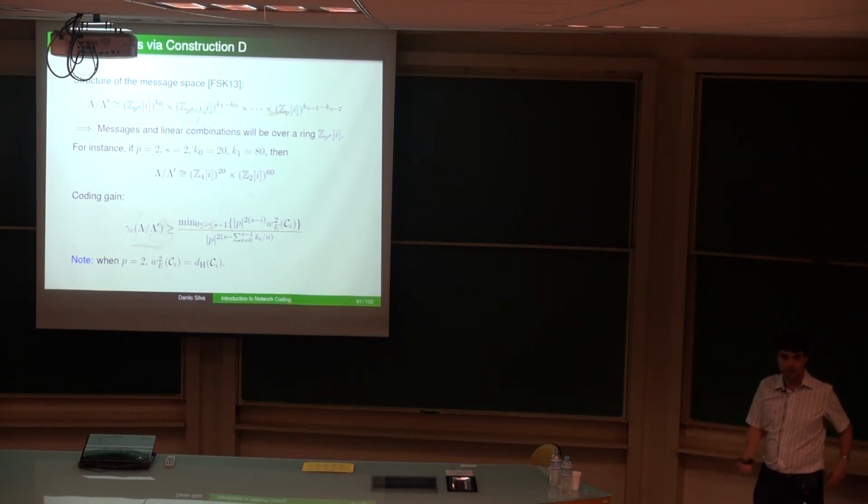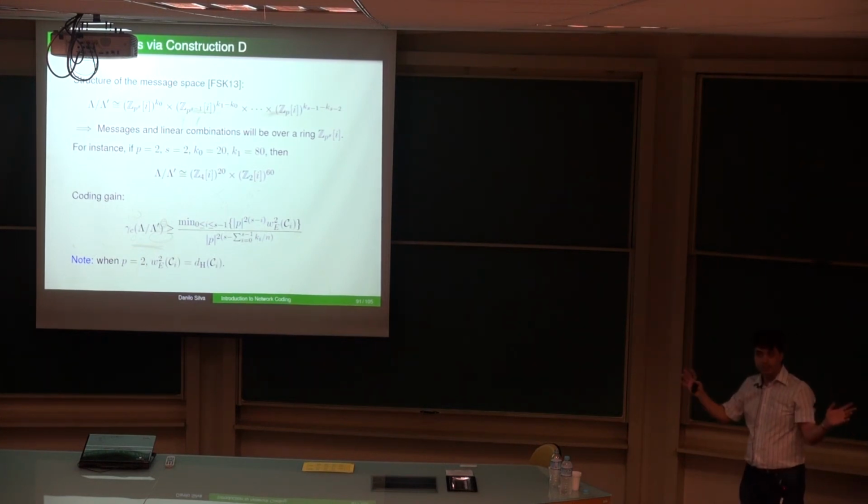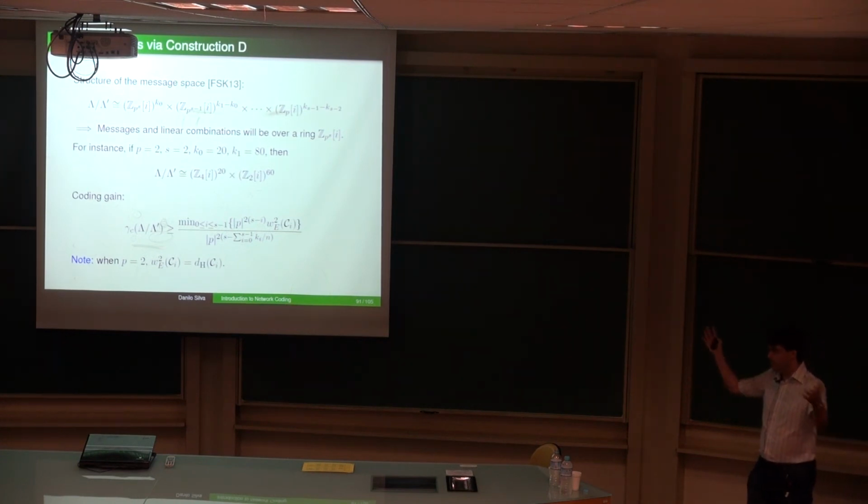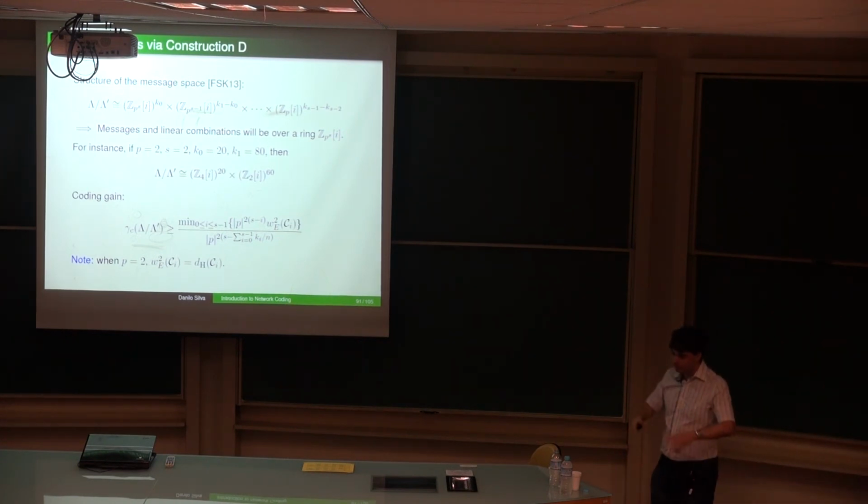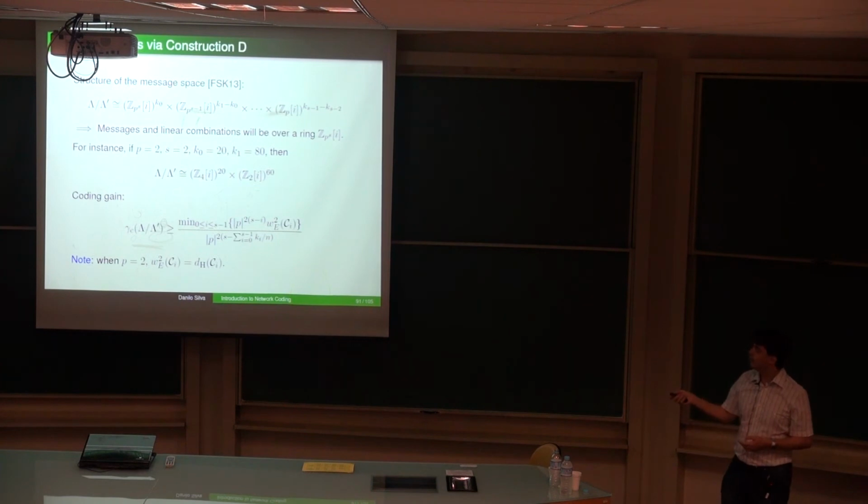These are just bits, right? As long as you transport bits from a transmitter to a receiver, you are fine, right? But this is for a point-to-point channel. When you have this multiple access channel, and later on you want to relay that message to other users, then you have to pay attention to the structure of the message space, because you will take linear combinations of messages.